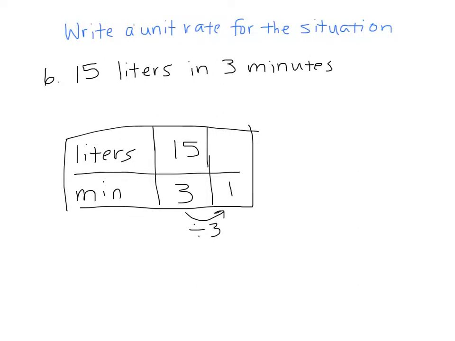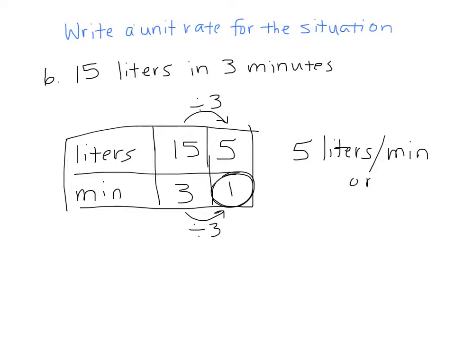So I'm going to divide that one by 3, and I'm going to divide that by 3, because the only way to get down to 1 is to divide out the number by itself. Do the same thing up top. I should come up with 5. So my answer for this one would be 5 liters per minute, or you can write it like this, 5 liters per minute, or per 1 minute.